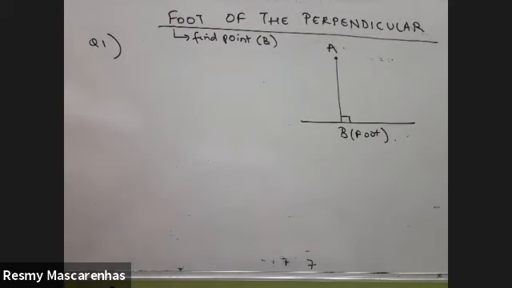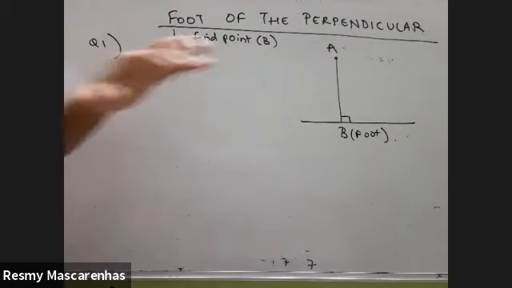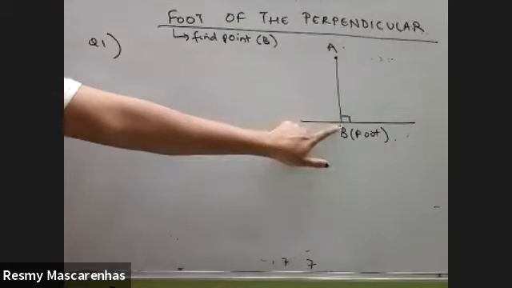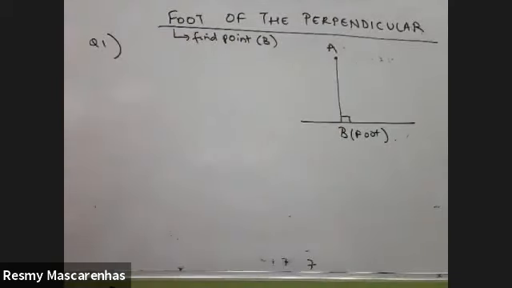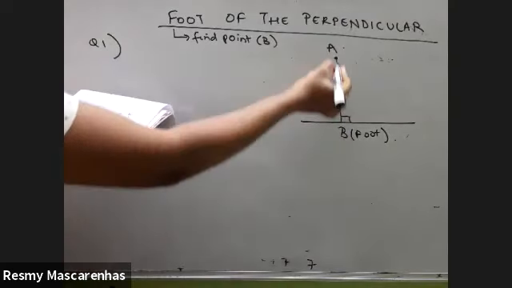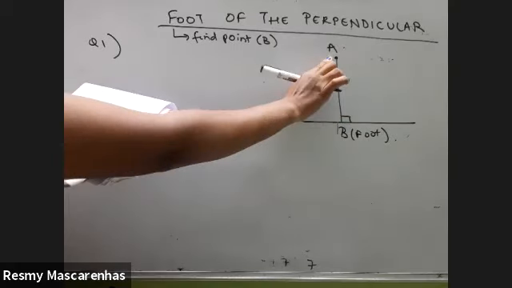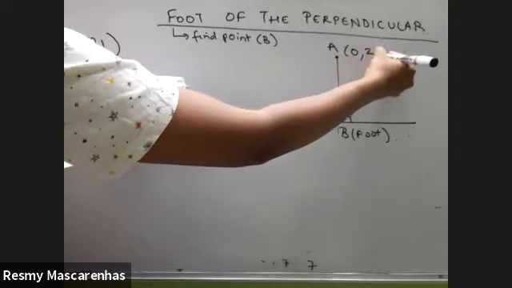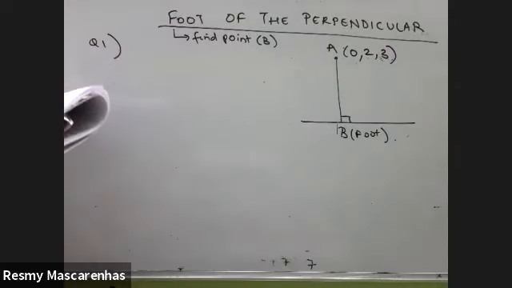So find foot of the perpendicular and the length. Okay, length means later you'll have to find a distance. That's fine. Main thing is you have to find the coordinates of this particular point. Okay, so now the first is it is drawn from a point. So this is the foot of the perpendicular drawn from a point, which means always this point they will mention. Okay, this is 0, 2 and 3 which they have given.